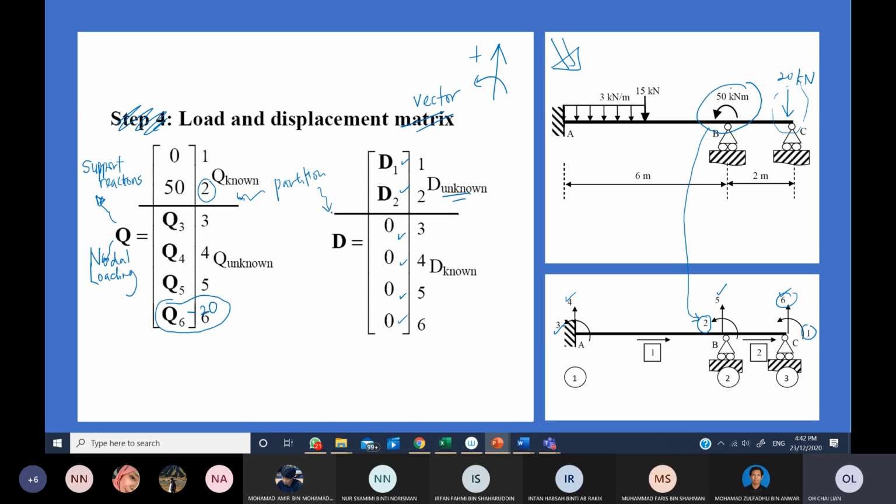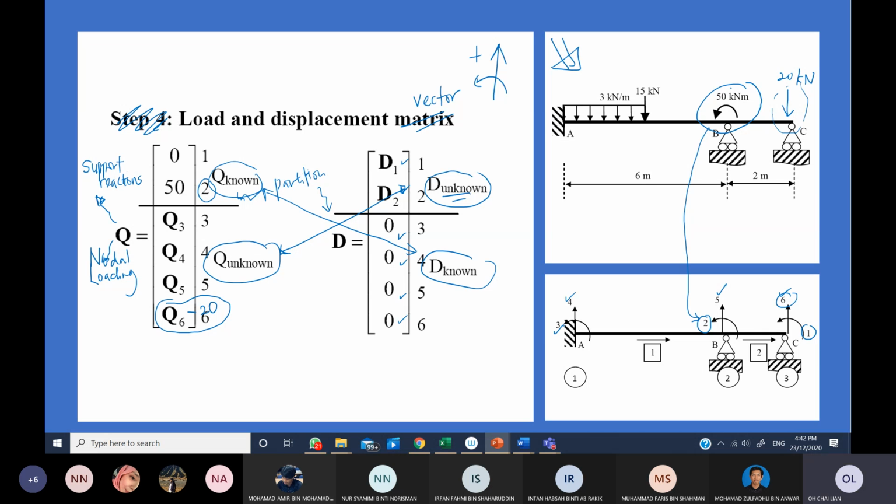If you refer to this partition, you can divide the unknown and the known for the displacement and the support reaction, I mean the force vector. You will always double check: this D unknown will always be opposite the Q unknown, and this D known will always be opposite the Q known, by this partition.